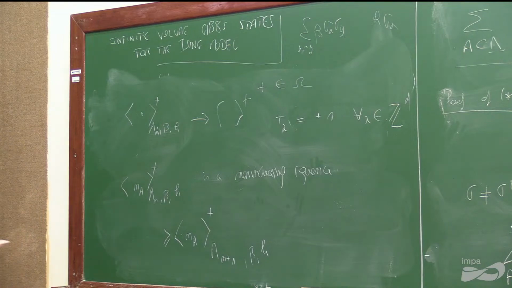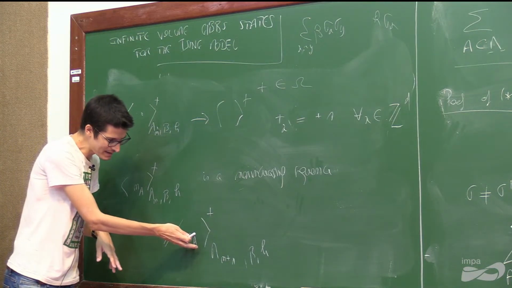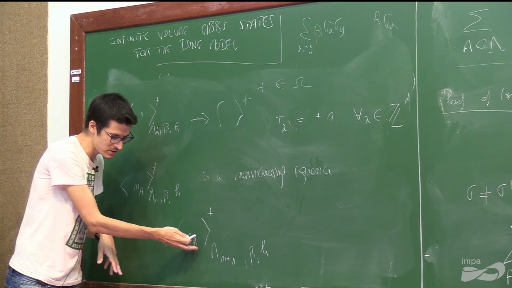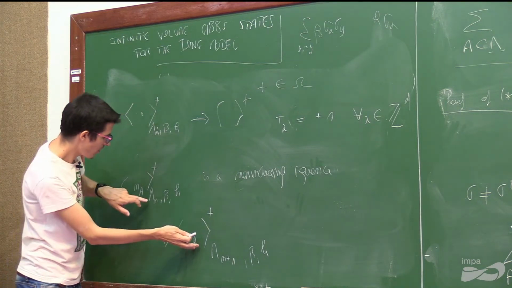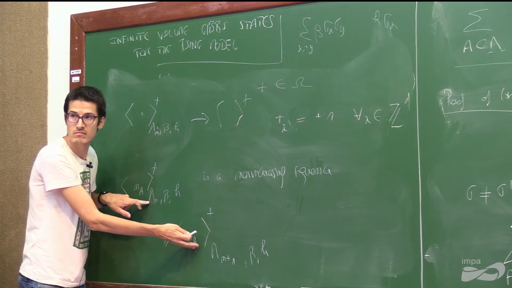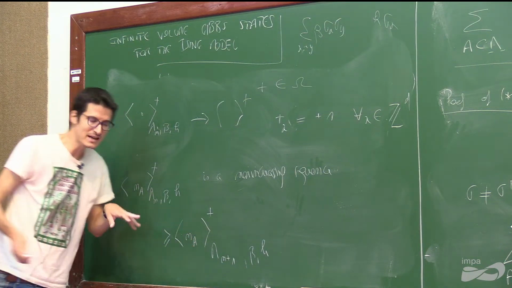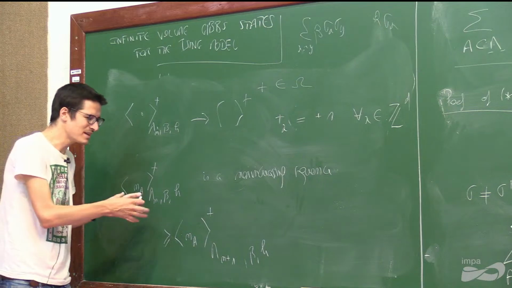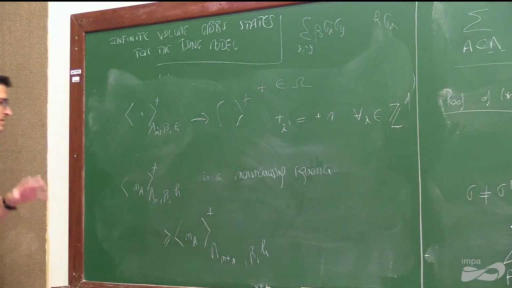I can look at this. What is this guy seeing as a boundary condition on the box lambda n? The idea is that this thing is kind of the same thing as the Ising model in lambda n, but with a random boundary condition. We'll see that in a moment.